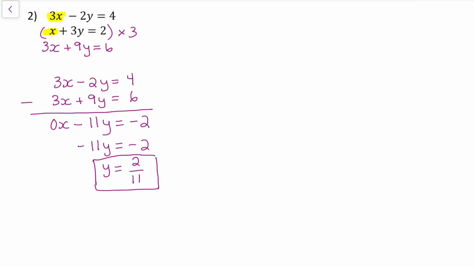I can now substitute that into one of my other equations. So I get 3x minus 2 times 2 over 11 equals 4. 3x minus 4 over 11 equals 4.